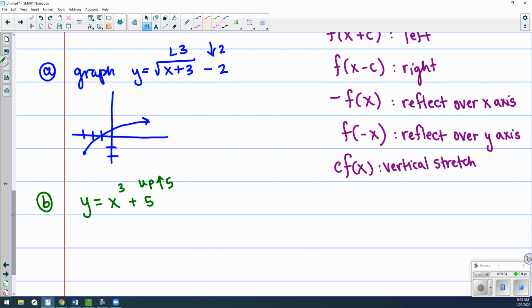I take a look up above and I look at the parent function really quick. And then from here, I'm just going to go up 1, 2, 3, 4, 5. And then this is a good sketchy sketch of the cubic function shifted up 5. Good enough. Like I said, rockets are not being sent into orbit, so it's all good, just a rough sketch.